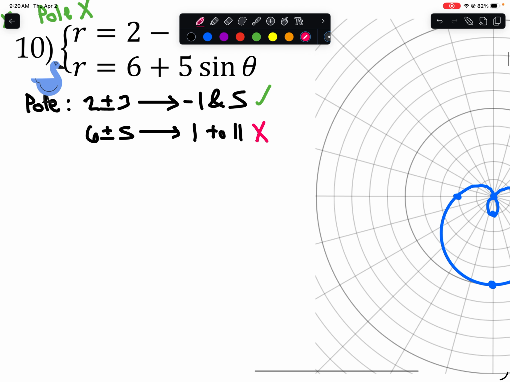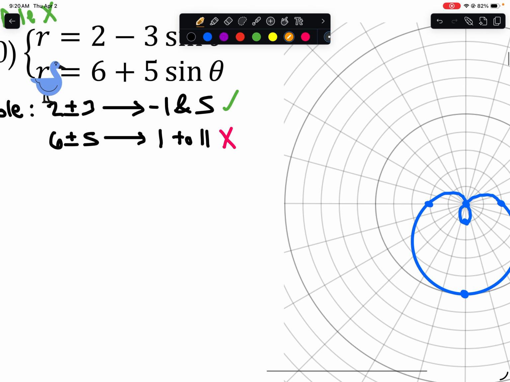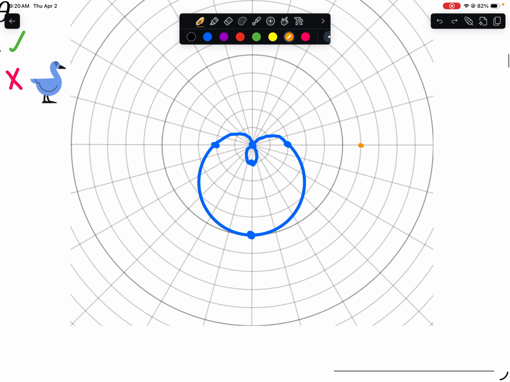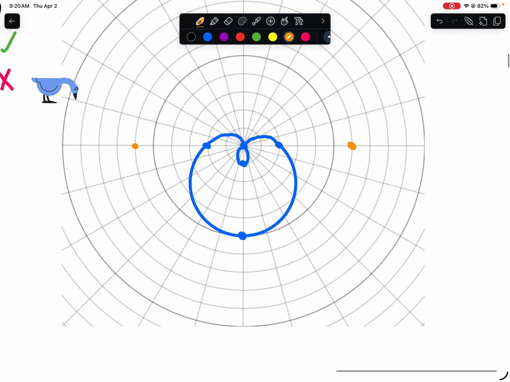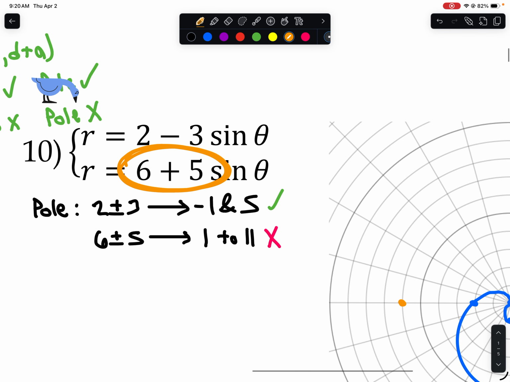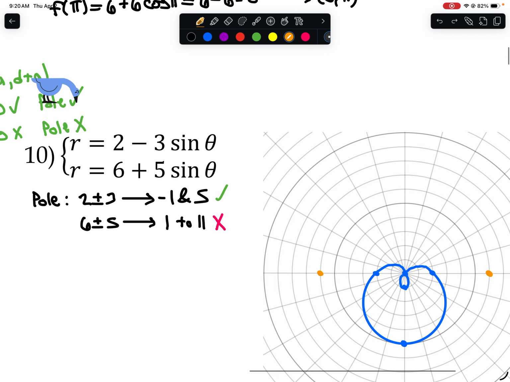Okay, so for your dimpled Limaçon, we're looking at the x-intercepts, which are going to be the first value, your a value, which is 6. So I'm going to have x-intercepts at 6 and -6. And then it's going to go the length of a plus b, which is 11. So it's going to be a little off the graph, just a smidge, which is okay.